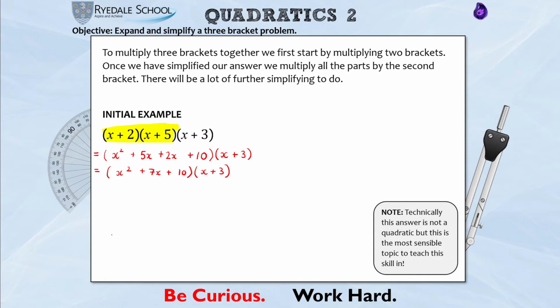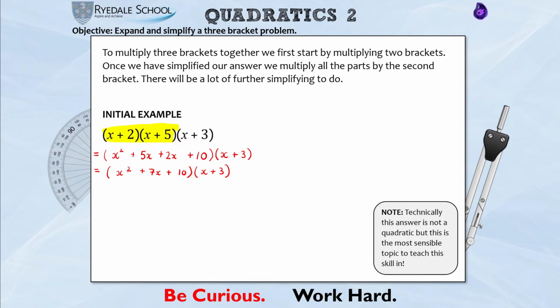Now what I need to do is everything in this first bracket needs to be times by this second bracket. So all of the pieces, the x squared, the 7x and the 10, all need to be times by x. So I'm going to do that bit first. I'm going to take each of these terms and times them by x.